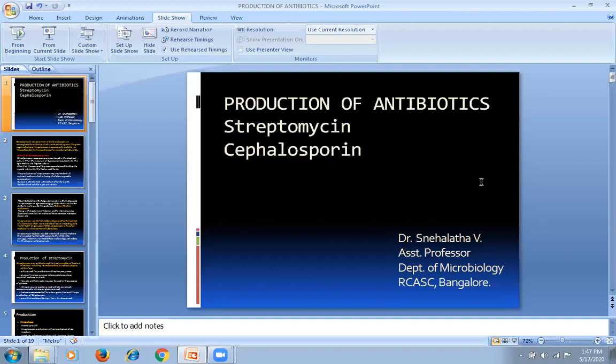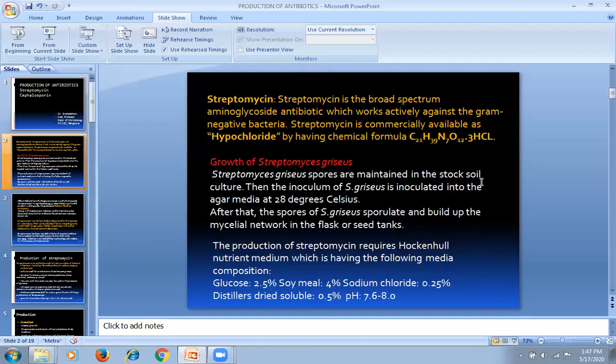This streptomycin is, of course, a broad spectrum antibiotic. It's an aminoglycosidic antibiotic which works actively against gram-negative bacteria, and it's commercially available as hypochlorite with the formula C21H39N7O12 and 3HCl.